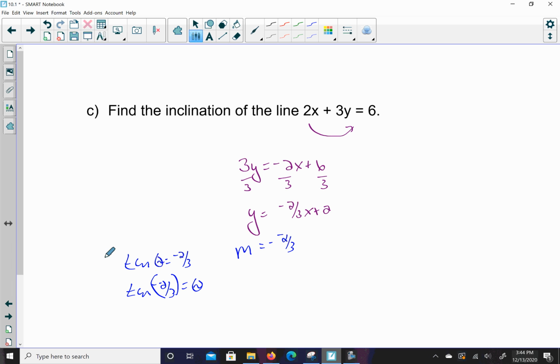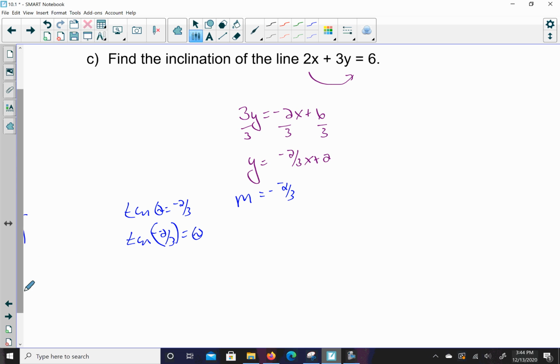And when I do that, I end up with theta equaling, when I first do this in my calculator, a negative 0.588, and I'm going to change it to degrees so I have a better visual representation, and that's going to be a negative 33.69 degrees. So this is what's happening when I do the inverse tangent of that negative 2/3, it's actually giving me this angle down here.